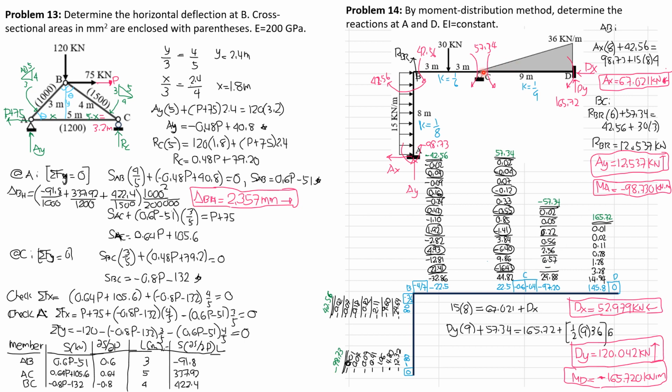Then fixed moment CD is at C, negative W 36, L square 9 square over 30, so negative 97.2. I'm not showing it here. Then at D, positive 36, 9 square over 20, 145.8. So negative 80 times 0, so don't mind here, it is always 0 when we distribute.